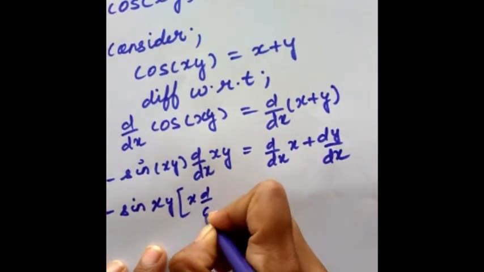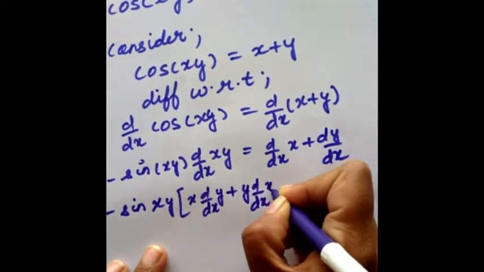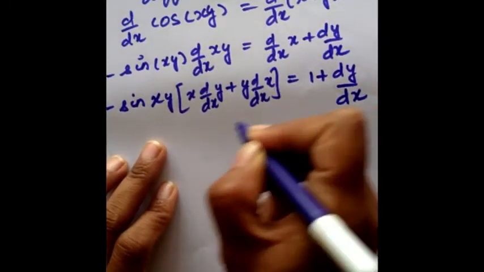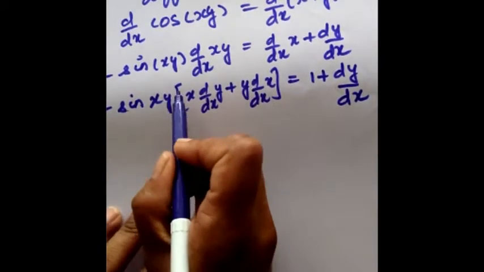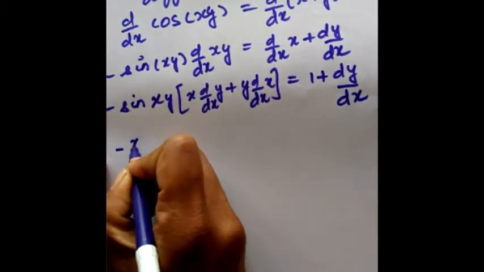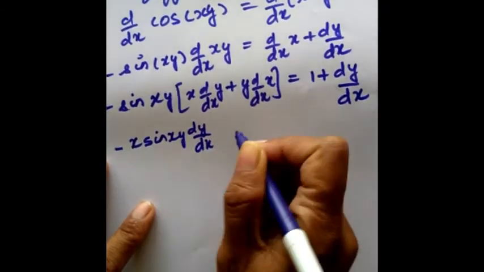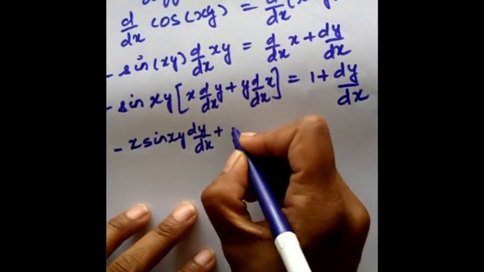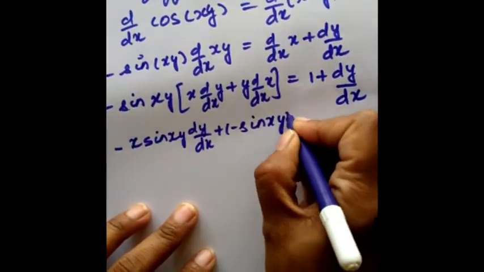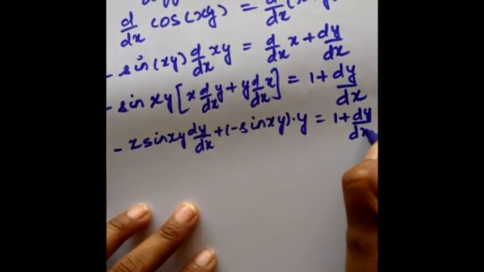So x d/dx of y plus y d/dx of x, and on the right it will be 1 plus dy by dx. Now I have to open the bracket. So I can write this as minus x sin of xy dy by dx plus minus sin xy into y equal to 1 plus dy by dx.